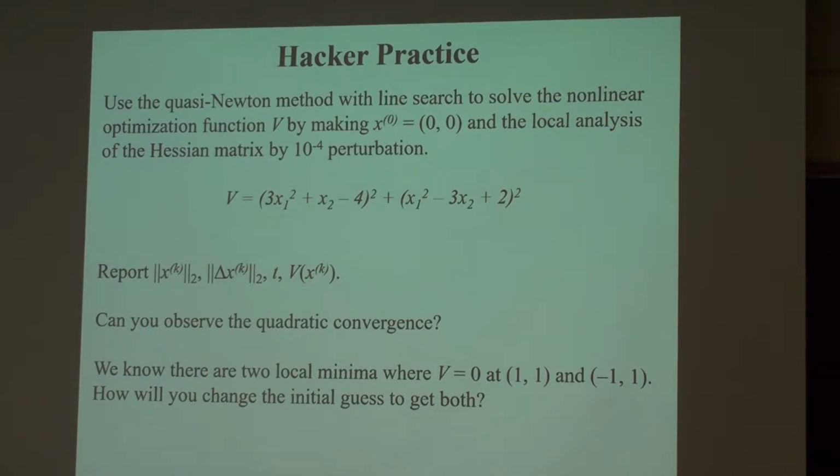This is a simple problem that should show you the basic properties of Newton method convergence. It is purposely engineered so that when there are multiple minima and you formulate the problem this way, your initial guess will determine which basin of attraction you fall into to find that local minimum. So please run it.